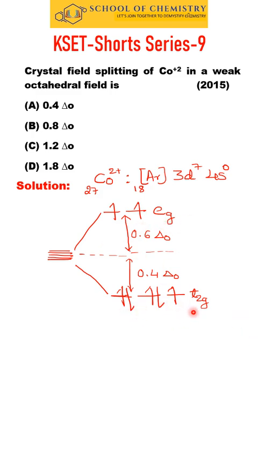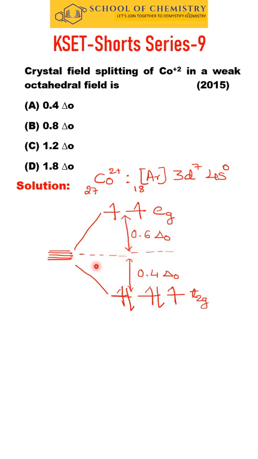Now for this particular configuration, t2g5 and eg2, we can calculate the crystal field stabilization energy. Crystal field stabilization energy simply refers to this: if the degeneracy had not been split, electrons would have occupied here. Now electrons occupy here because of the degeneracy split.